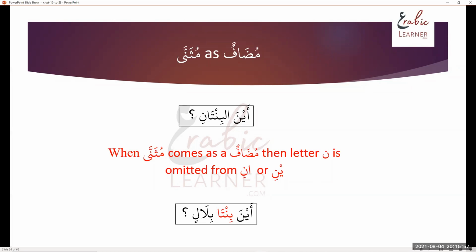In the same way now, Musanna. In Musanna, all the words are ending with noon. In that case, you should just remove the sound of noon. So if I want to say, where are Bilal's two daughters?